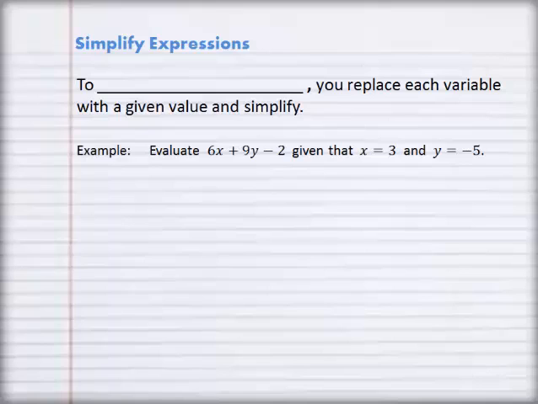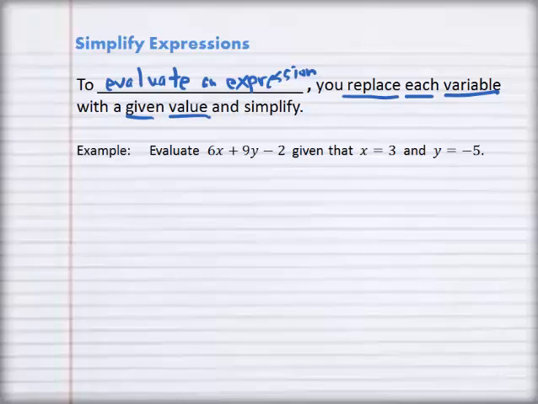Okay, the last thing we're going to do is we're going to evaluate an expression. To evaluate an expression, you replace each variable with a given value, and then we want to simplify.